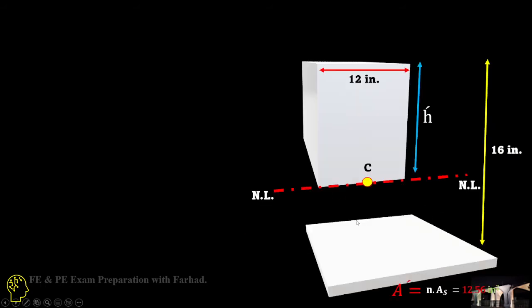But just in case, in concrete design, in structural analysis, or concrete structures design, this is the accurate one. So the next step is the calculation of the location of the neutral axis. We need our centroid to lie at the neutral axis.